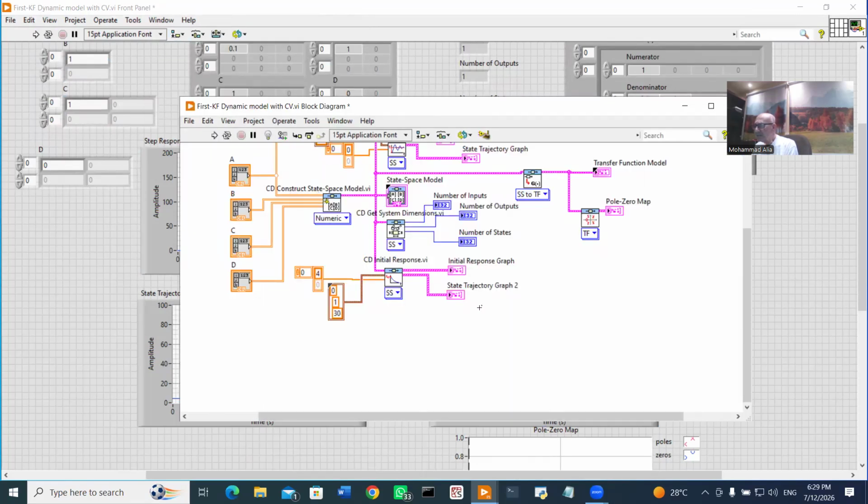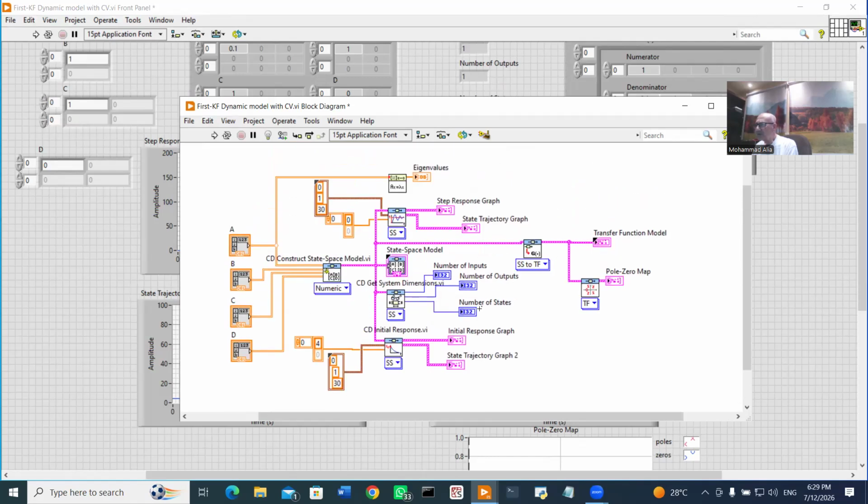Here, as you see, we are talking about the position. We have only one variable because we have one state, and we cannot see the velocity and the effect of the velocity.